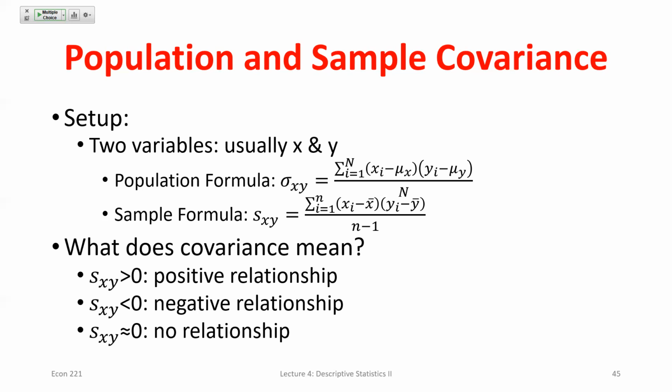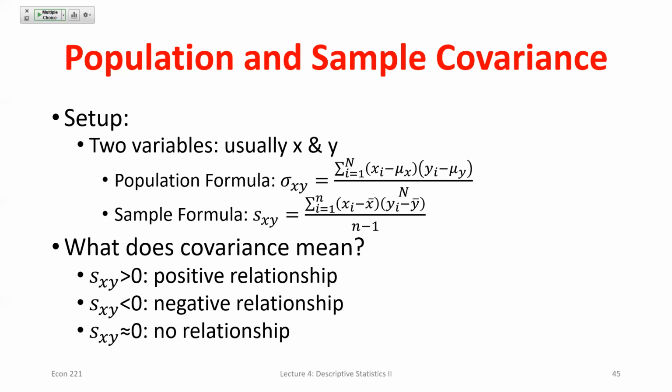Well, that's because those observations are evidence that when X is on one side of the average, Y tends to be on the same side of the average. All those observations are going to be adding positive values because it's telling me that these two variables tend to be on the same side of the average.